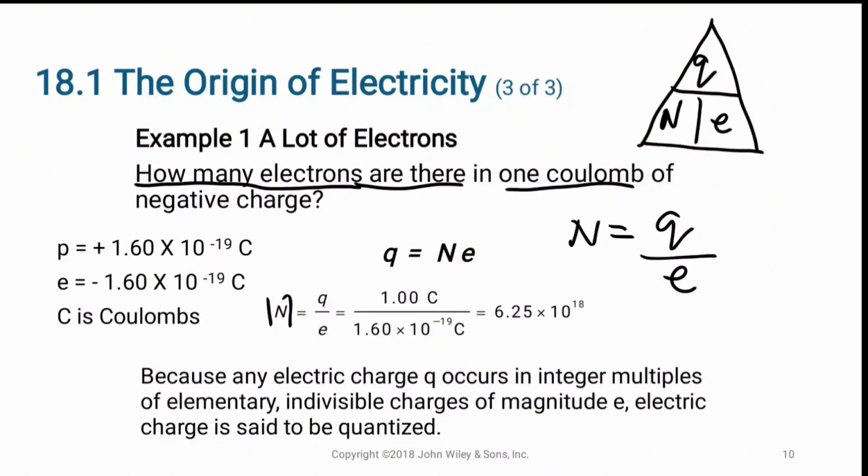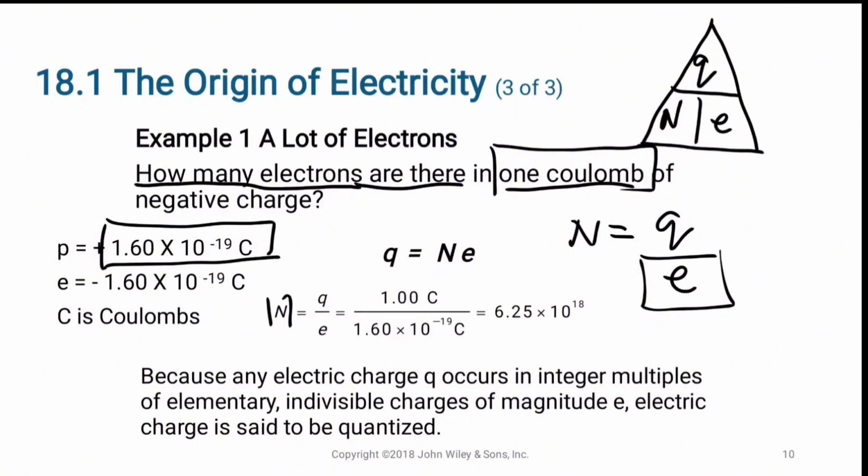Our net charge is one coulomb, because it says so in our given. And for E, we can use 1.60 times 10 raised to negative 19 coulomb. Again, regardless of whether it is positive or negative, it will become absolute. And with that, we simply substitute everything to get 6.25 times 10 raised to 18.